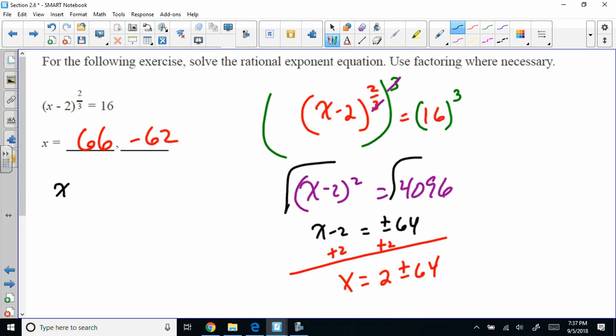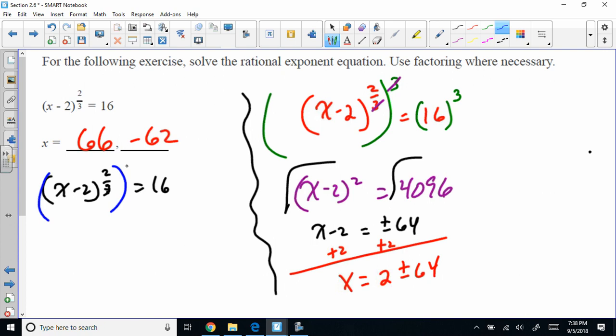So x minus, let's do this. (x − 2) raised to the 2/3 equals 16. So if I turn around and raise it to the 3/2, both of them, so snap, crackle, pop. It gets down a little bit quicker.